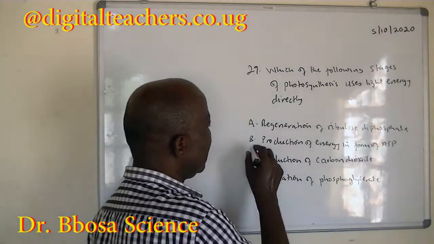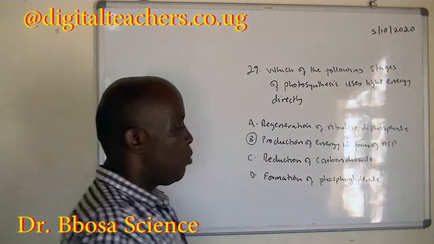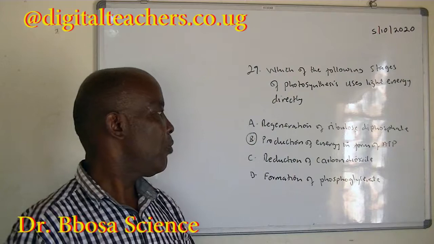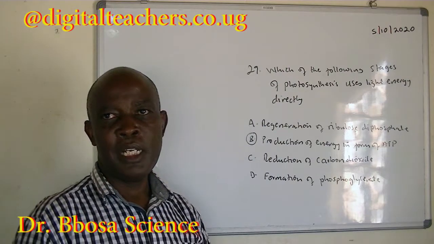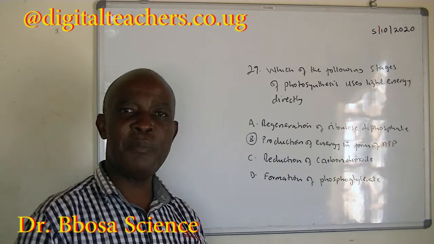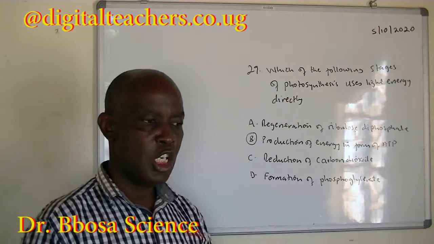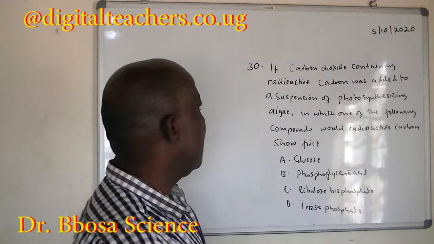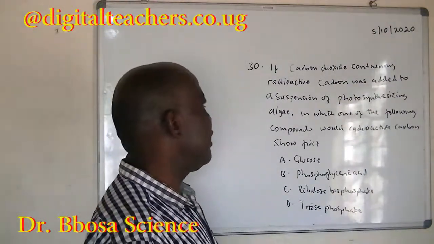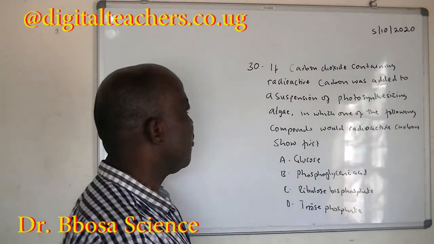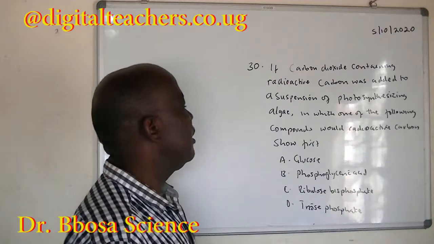So the answer is B. Production of energy in the form of ATP. The light dependent stage produces ATP and NADPH.